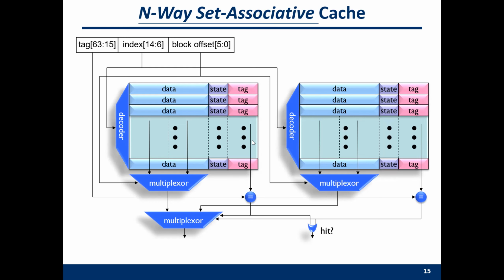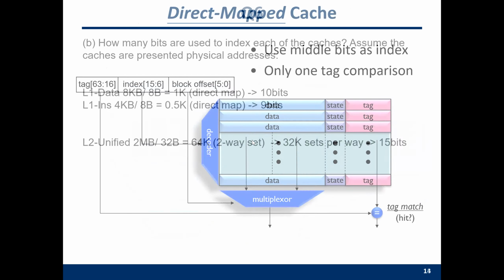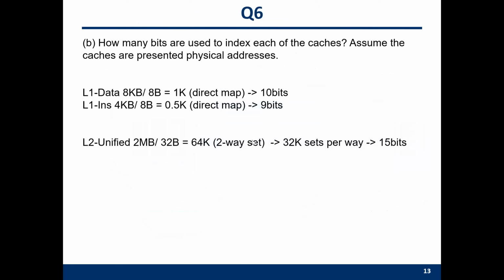Then you can use the same way to analyze this. Because each block in the L2 cache is 32 bytes, equals 256 bits.